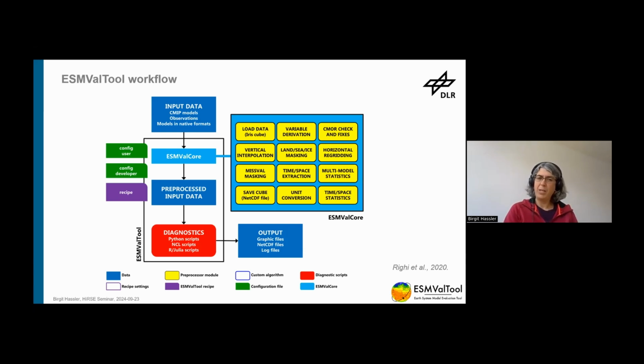And then from the diagnostics, we go to the right dark blue box where it says output. That can be graphic files, netCDF files, log files. You basically, as a user, define what you want to get out in the diagnostic. ESMValTool is driven by a recipe. That's the purple box, and you can tell it exactly what to do and where to look for data and so on with different configuration files.